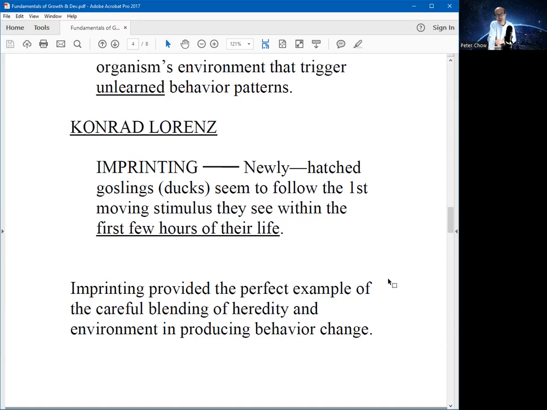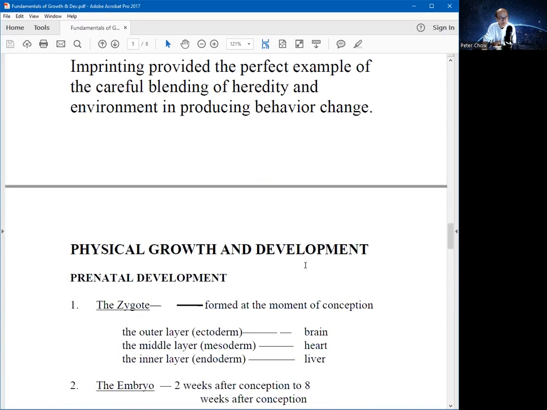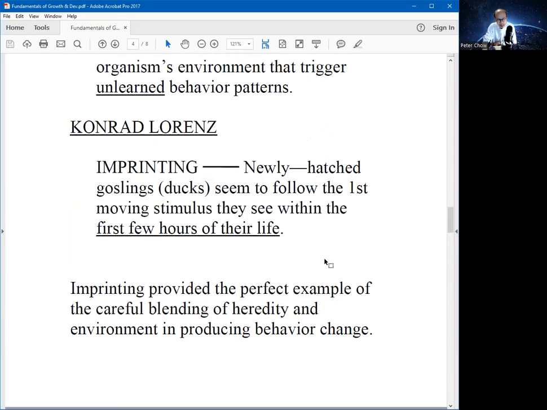The hereditarians emphasized heredity at the expense of environment, and the environmentalists emphasized environment at the expense of heredity. But behavior is actually a function of heredity interacting with the environment, interacting with time.